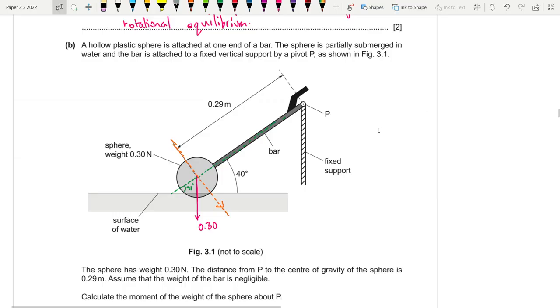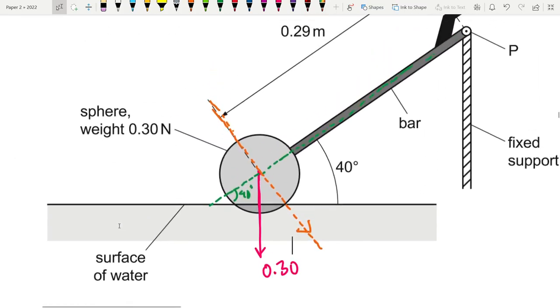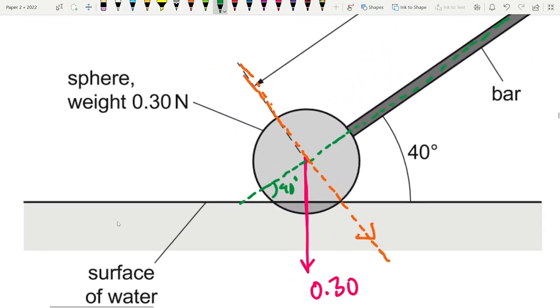I need to find that angle specifically. This was 40, which is why this was also 40. Now this is 90 degrees, so this angle over here is going to be 50 degrees. Since this is 50 and this is 90 degrees, this angle over here is 40 degrees. Do you get the geometry? You do this in M1 quite often.